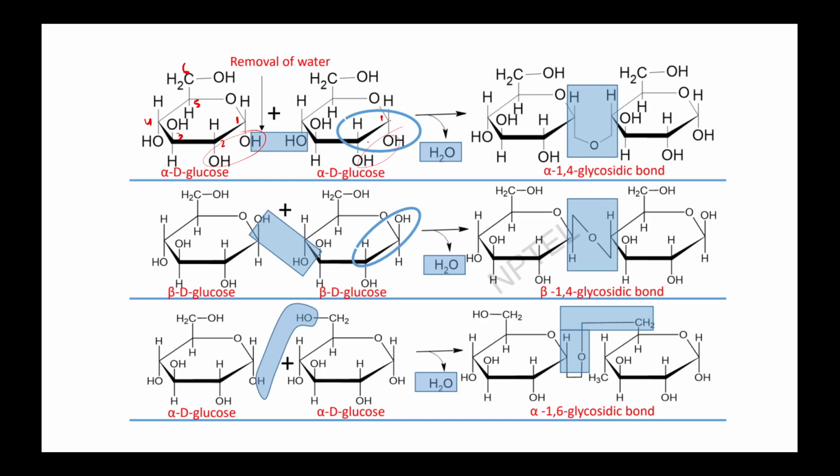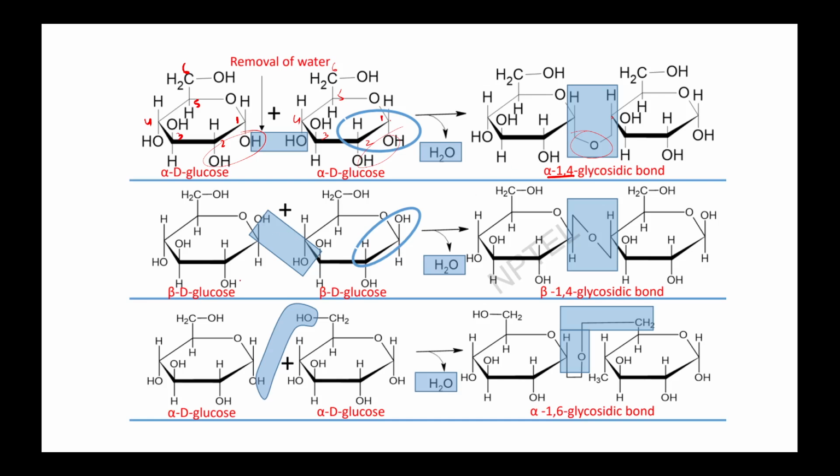The linkage is between the first and the fourth carbon, so it is called alpha 1,4: alpha from the alpha glucose, and 1,4 because the first and fourth carbon are joined together. That's why it is called alpha 1,4 glycosidic linkage.